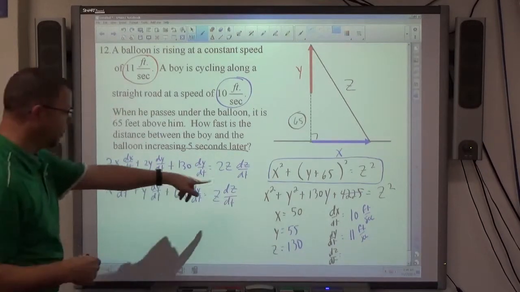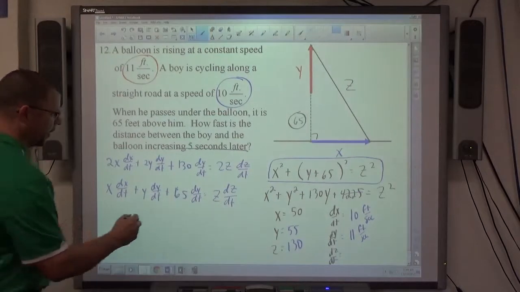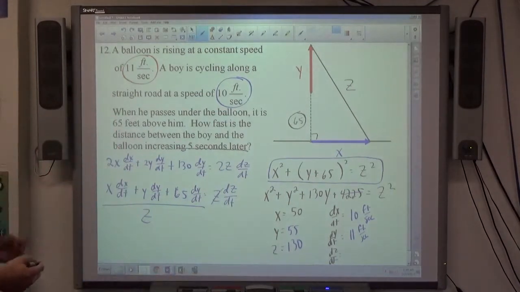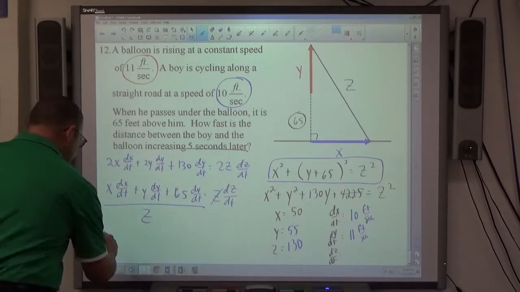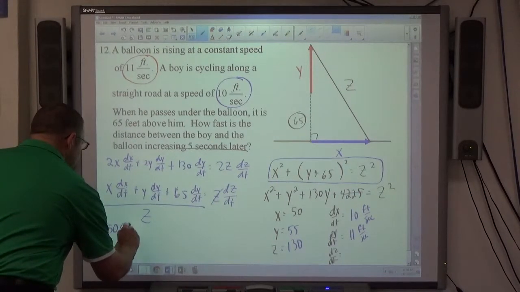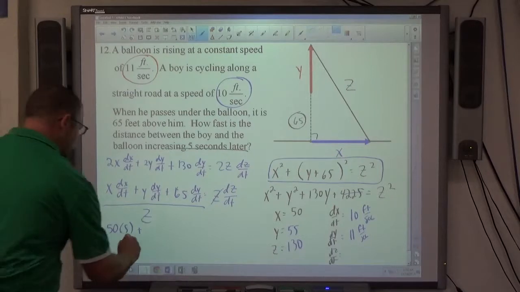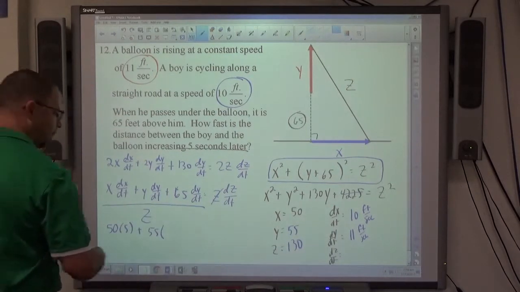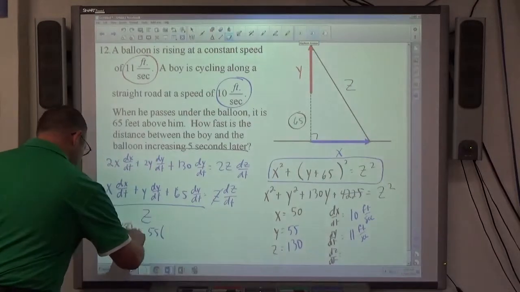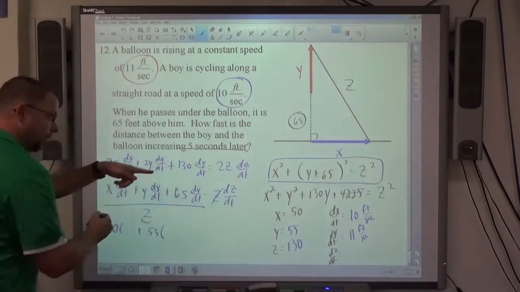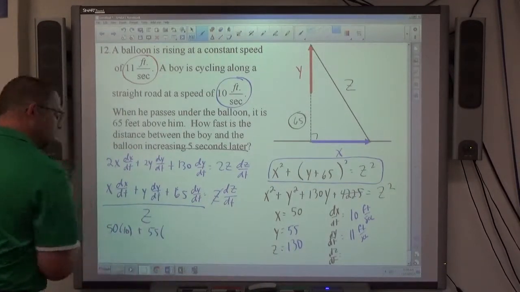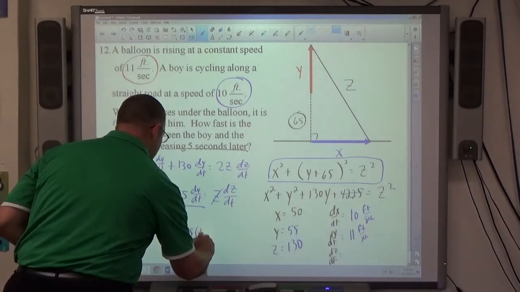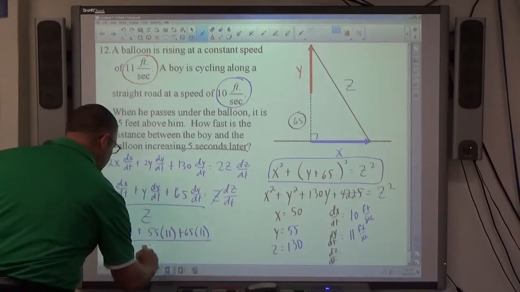And then we're looking for this one, so we get all this stuff. I can just divide by z right here. Then I just substitute my numbers in. So 50 times 10, since dx over dt is 10, plus 55 times 11 plus 65 times 11, all over 130.